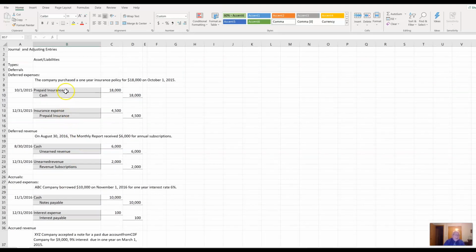Again, it's the prepaid. And notice we have a liability. It's an income statement, liability or asset, balance sheet. In balance sheet, right there. Oh, I didn't space that, did I? Whoops.